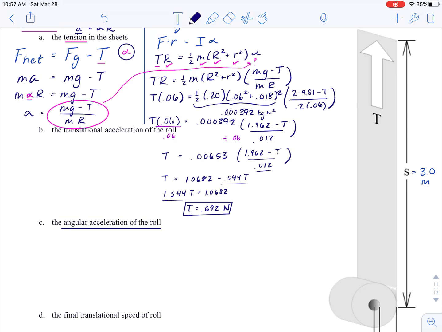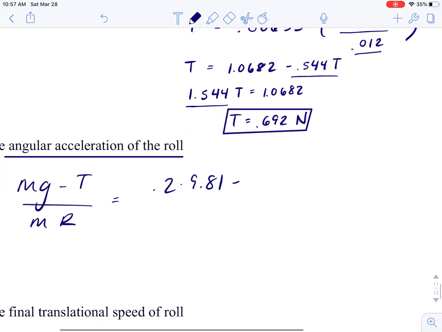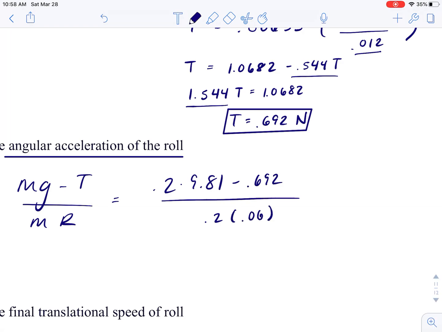And I could just use this formula right here, alpha equals mg minus t over mr. So that would be 0.2 times 9.81, and the outer radius was 0.06.